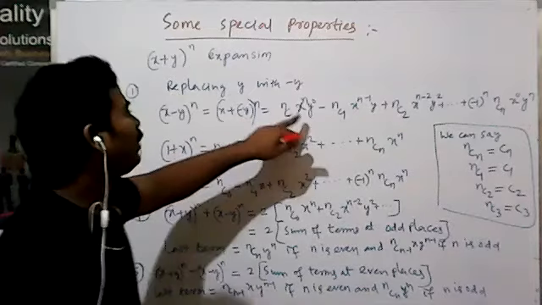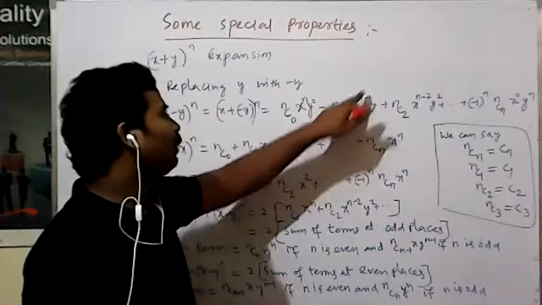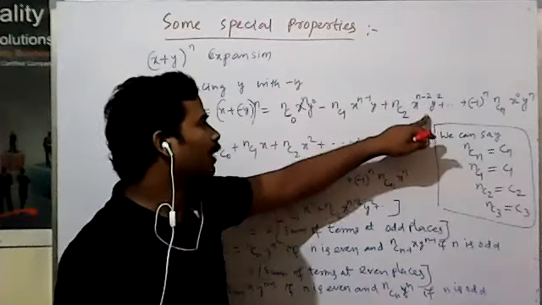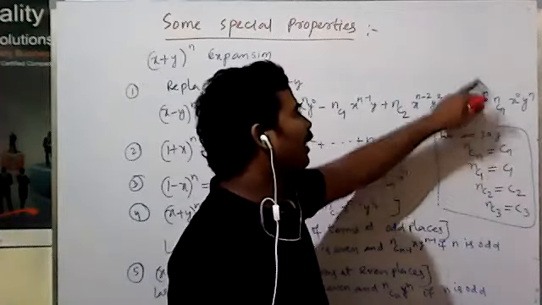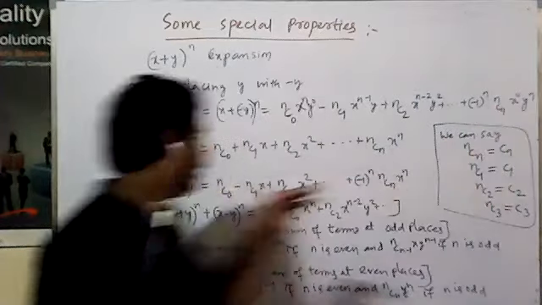So nC0 x^n y^0 - nC1 x^(n-1) y + nC2 x^(n-2) y^2 + ... + (-1)^n nCn x^0 y^n.